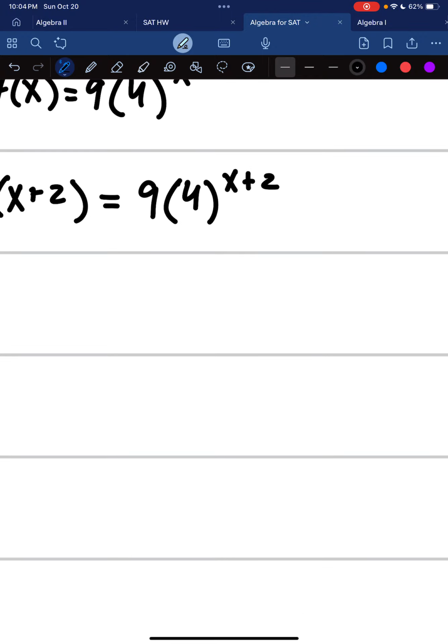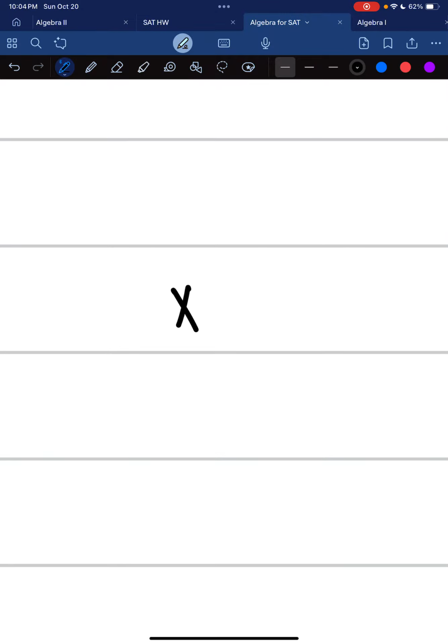So what we can do here is, remember how x to the power of 1 times x to the power of 2 becomes x to the power of 3, right? So whenever you have the same base, you just add their exponents, right? Well, that also works in reverse. If I have x to the power of, let's say, y plus z, this is equal to x to the power of y times x to the power of z.